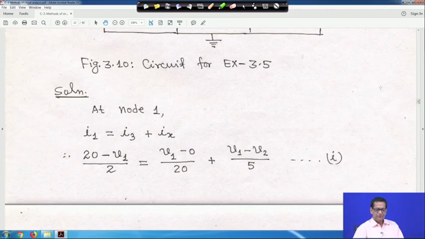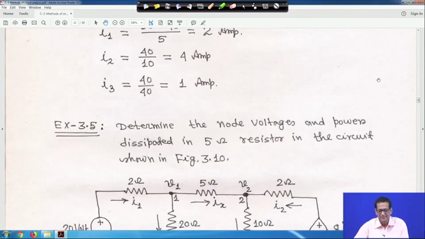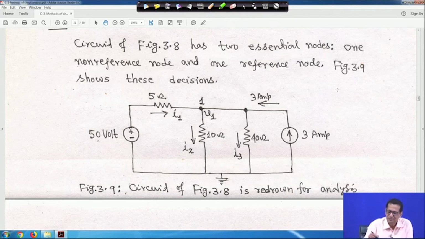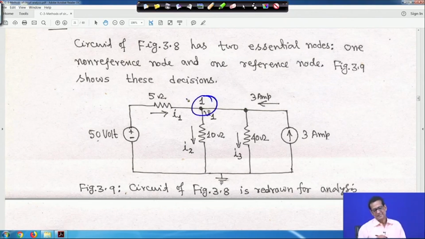So, at node 1, I1 is equal to I3 plus Ix. If you look at node 1, if you apply KCL here, I1 is equal to I3 plus Ix.